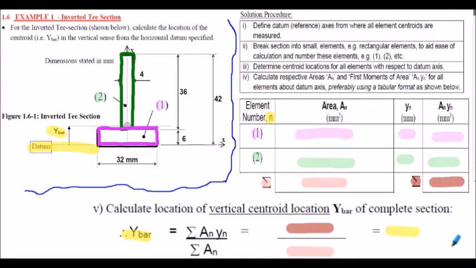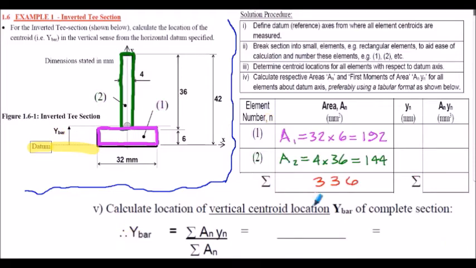Let's now put some numerical values into the table. Consider element number 1, which is a rectangle. We know the width of the rectangle is 32 millimeters, the depth of the rectangle is 6. So we can evaluate the area: 32 multiplied by 6 is 192 millimeters squared. Look at element number 2, it's another rectangle.